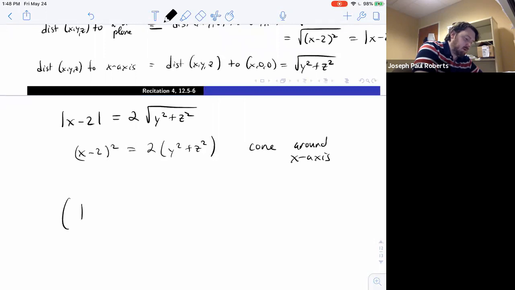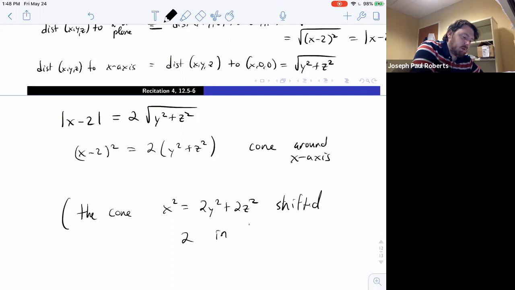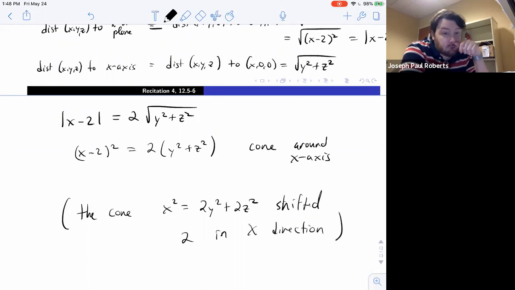It's basically the cone x squared equals 2y squared plus 2z squared shifted 2 in the x direction, since replacing x with x minus 2 shifts it there.